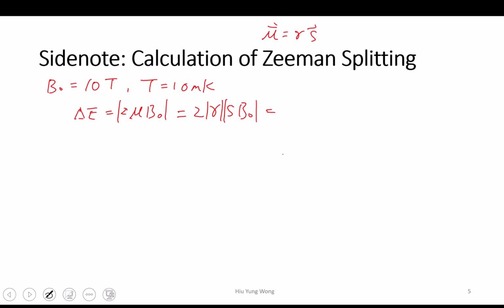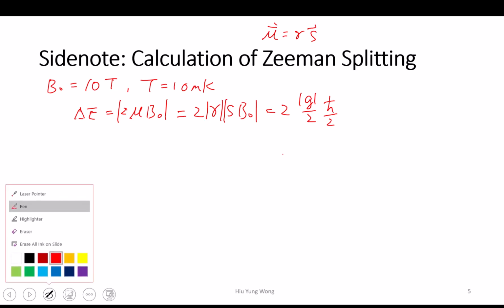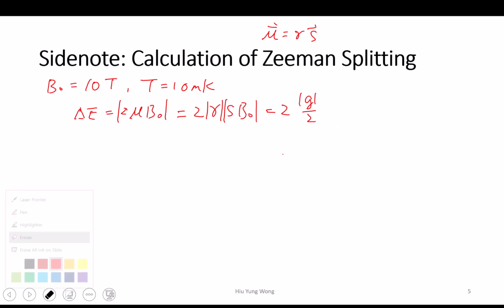And what is gamma? In this case, it is g divided by 2, so I decided to just put the absolute value here. And the spin is easy, of course, h bar divided by 2. Sorry, gamma is not just g divided by 2. What else? m, e over m, thank you.